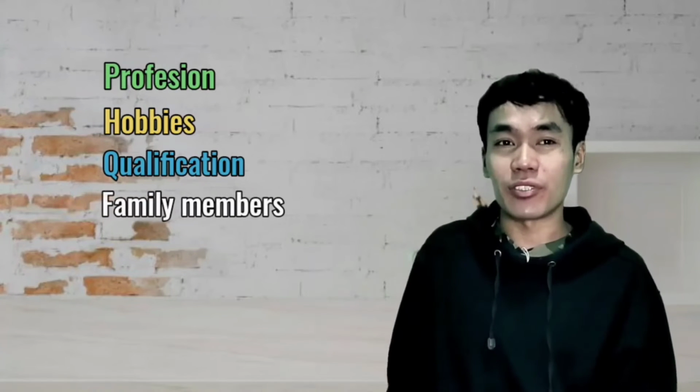After telling people that information, I think it's necessary for you to tell additional information like your profession, your hobby, your qualification, or even your family members. It's really great. Let's begin with the profession first.